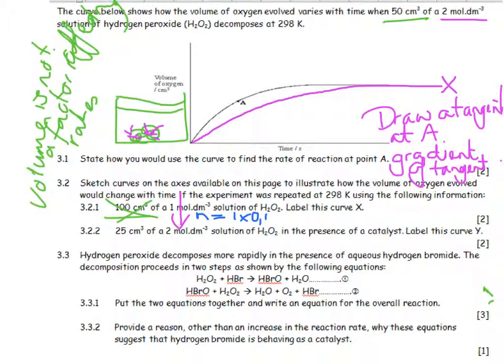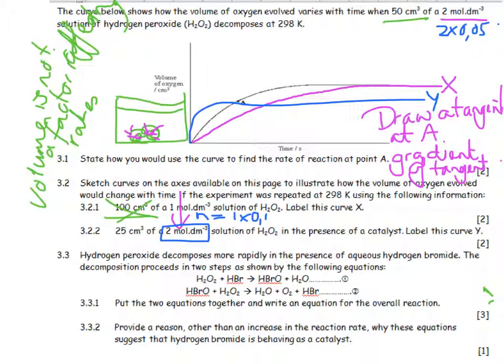So it would reach a certain point, which is the same as 2 times 0.05, which is not the same, by the way, as a smaller volume at 2 moles per cubic decimeter. That slightly smaller volume is going to mean that I only land up with half as much of a reaction, but it's going to happen super duper fast. So it's going to go wee, and that's going to be your wire.